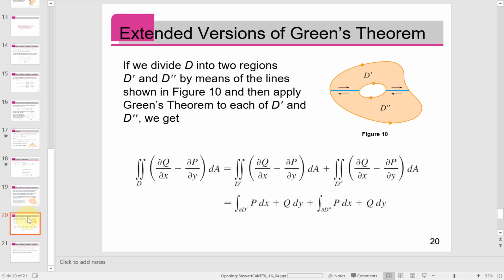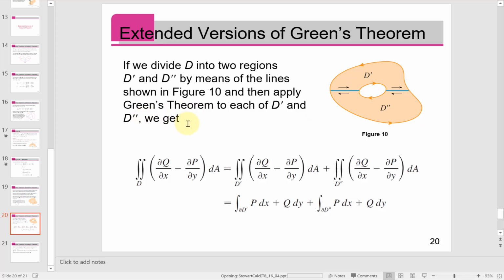For a region that has a hole in it, we divide that region D into two regions, D prime and D double prime, by means of the lines shown in this figure, and then apply Green's theorem to each of the regions D prime and D double prime.